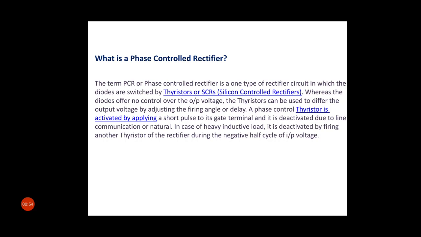These different types of diodes you have already studied, and in the first module you will study the SCR thyristor family.